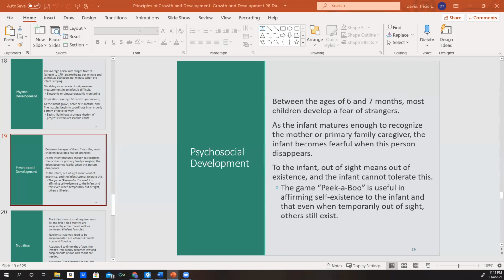So this is a very unsettling situation for an infant, and infants don't tolerate this very well. They do say that the game peekaboo is very useful because it is affirming self-existence to that infant, and that even while they may be temporarily out of sight, others still do exist.